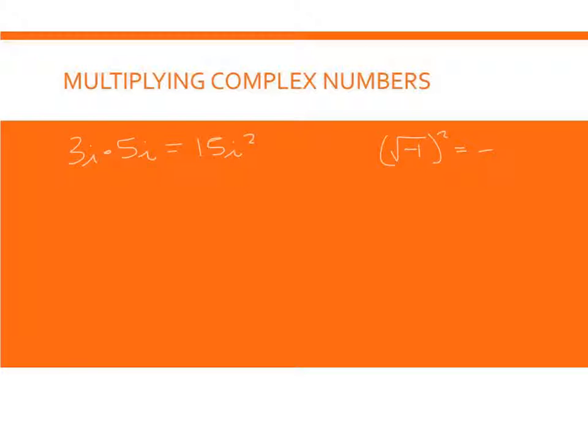It's just negative 1. So i squared, because remember that was i, is going to be negative 1. Every time you see an i squared, you must replace it with negative 1. So this then becomes 15 times negative 1, which is just negative 15.